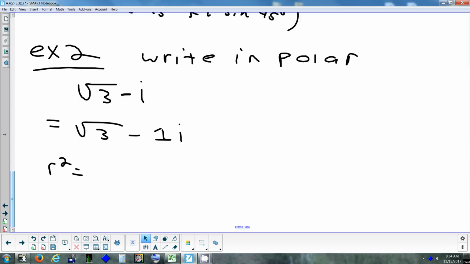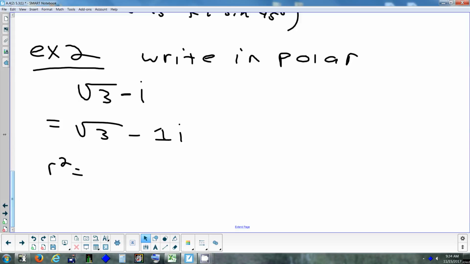Depending on how you write it, you would do a square root at some point. This is in quadrant 4. It is in quadrant 4, but we don't need to know that for the radius. You do need to know that for what I'm going to ask you next. Hang on to that thought, that we're in quadrant 4. But can someone remind me what the formula is for the radius, no matter what quadrant you're in?